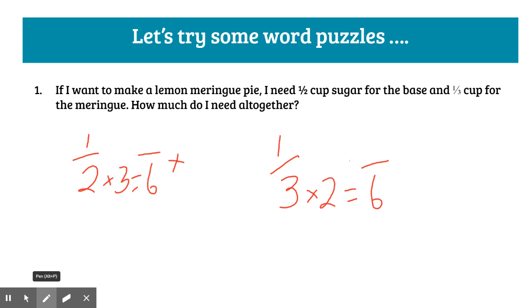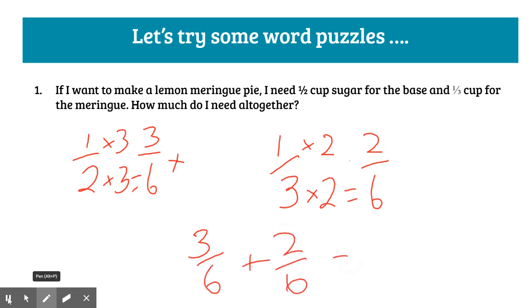So 1 times 3 equals 3, and 1 times 2 equals 2. And now I can add those two together. 3 out of 6 plus 2 out of 6 equals 5/6, which is what I need to buy. So I'm just going to buy 1 cup and I'll have it covered. 5/6.